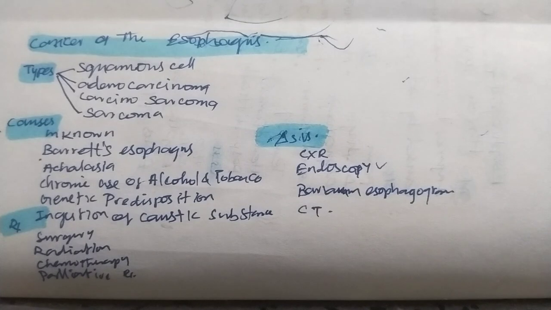Second one, lesions of the cervical esophagus are excised with a bilateral neck dissection and esophagogastrostomy. And a two-step approach may be selected, the cervical esophagostomy and feeding gastrostomy. Radiation, chemotherapy, and palliative treatment through dilation done by endoscopy, laser therapy.